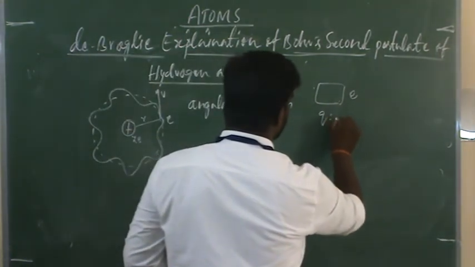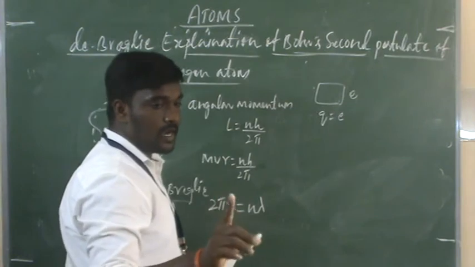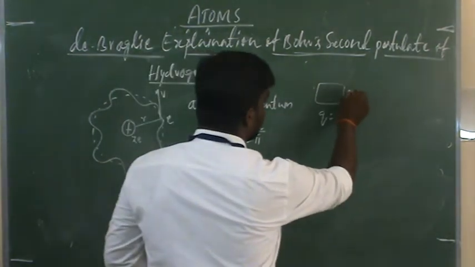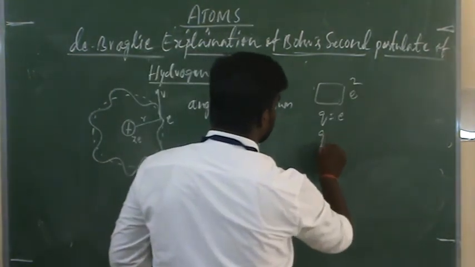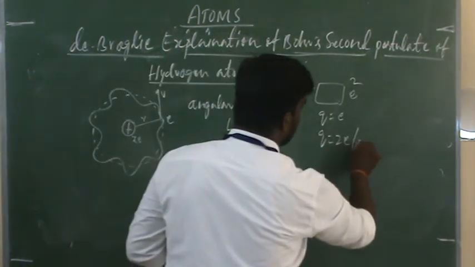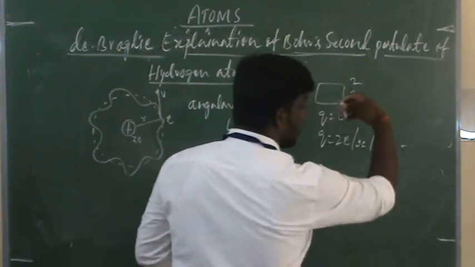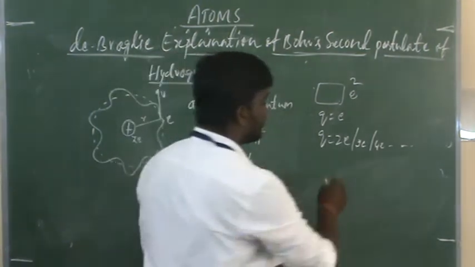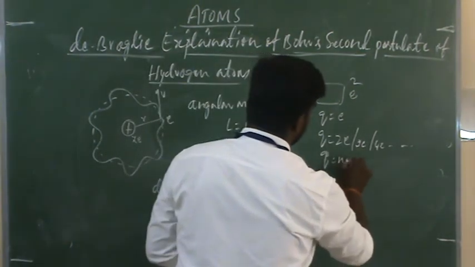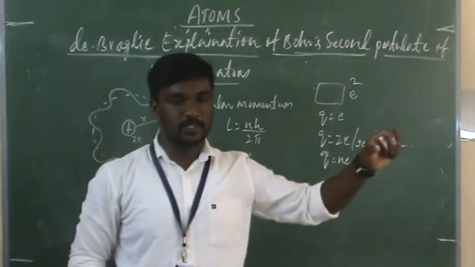Q is equal to e. Two electrons: Q is equal to 2e. Three electrons, 3e. Four electrons, 4e. So on, for n electrons the charge is equal to ne.